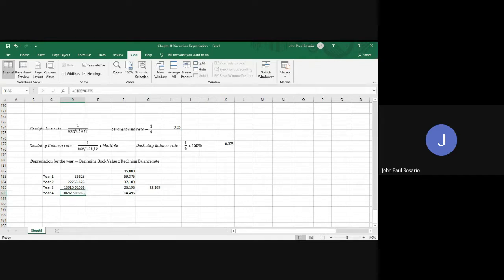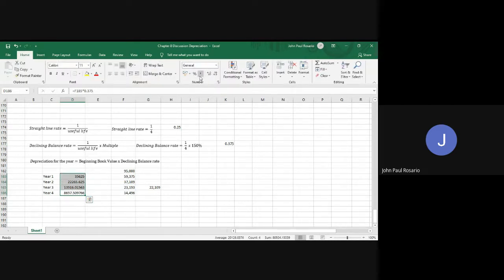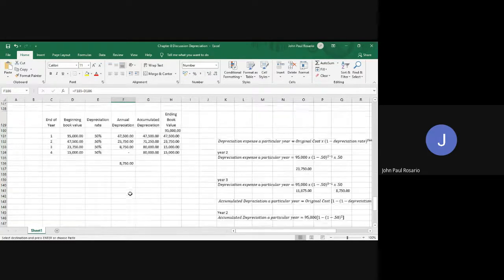Okay, we can still depreciate in year 4 because the ending book balance of the asset at year 3 is still way above our salvage value. So with that in mind, only in the last year do we adjust. The last year is this one, less 15,000, so that our depreciation expense makes our carrying amount 15,000 by the end of the 4th year. Okay, so let's copy this table.